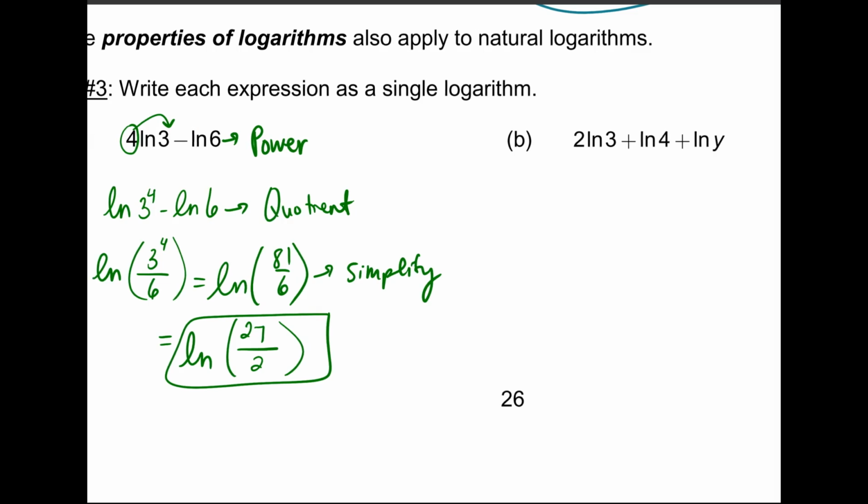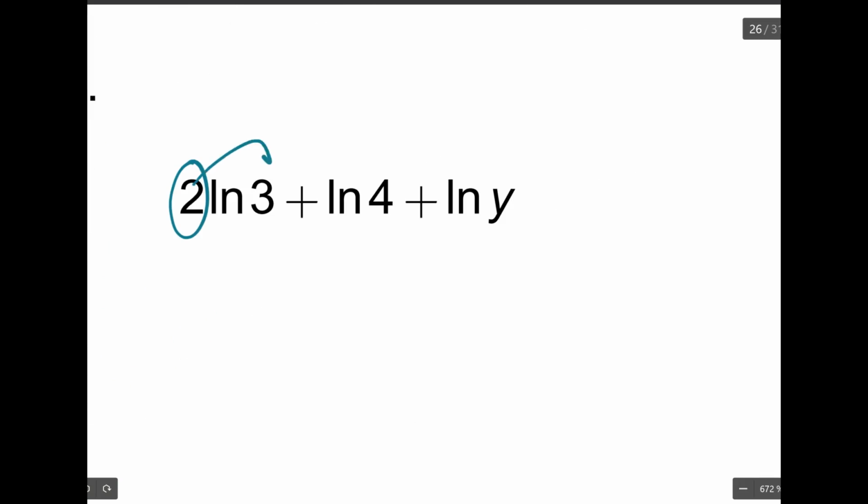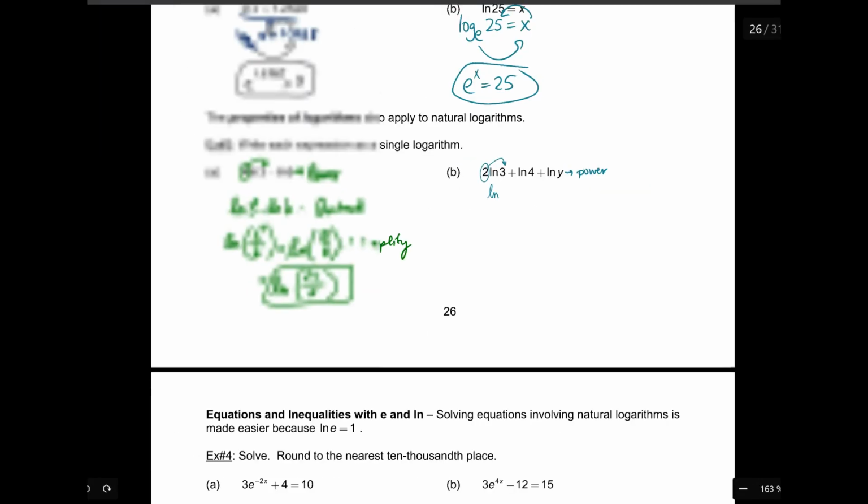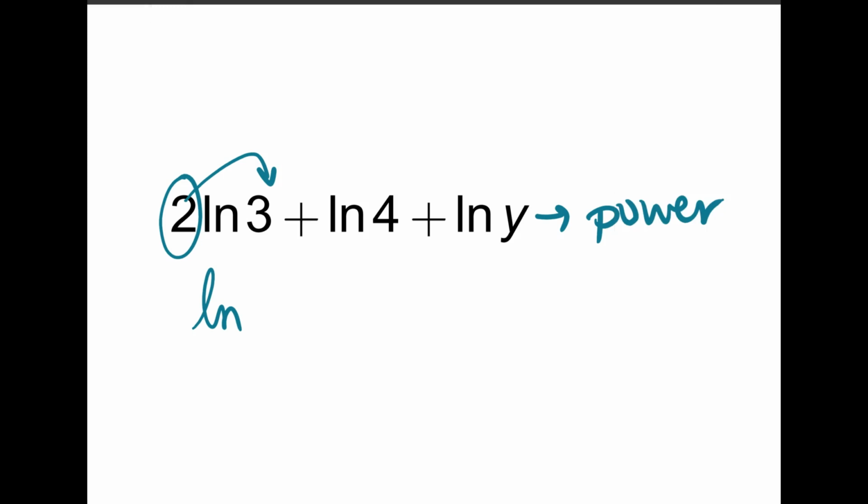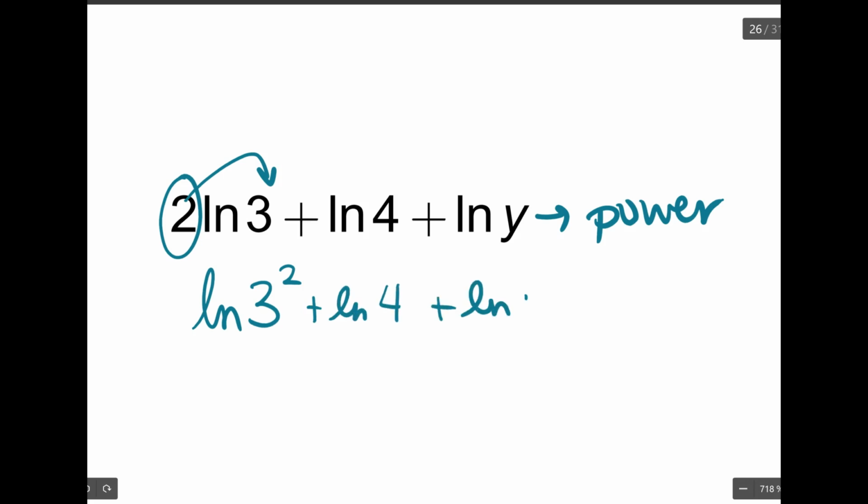Am I good to move over? Anyone need it still? Okay. So I'll take the 2 and raise it here. First I'm doing power. Make sure I didn't miss anything. Okay, so ln of 3 squared plus ln of 4 plus ln of y.